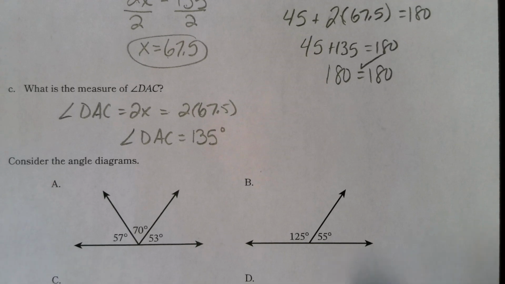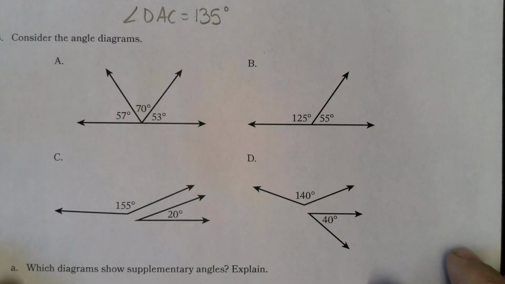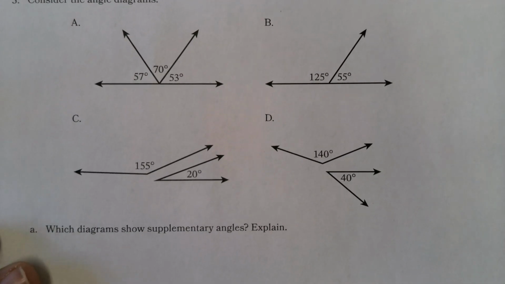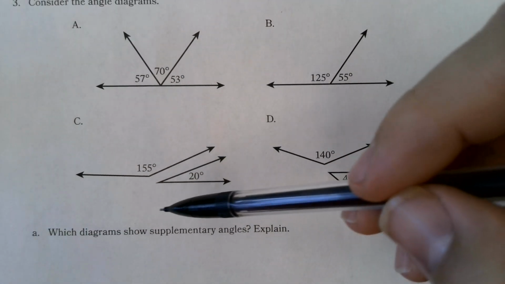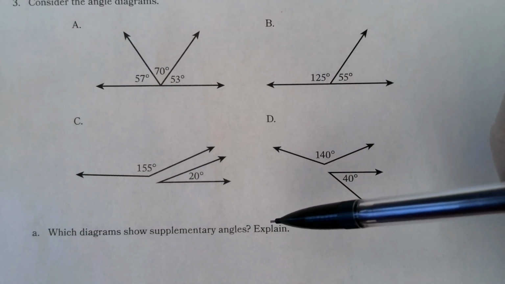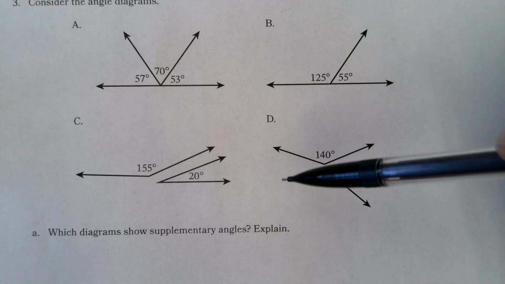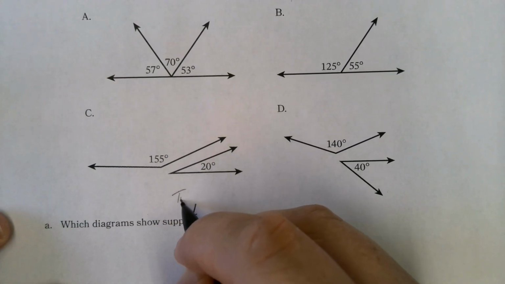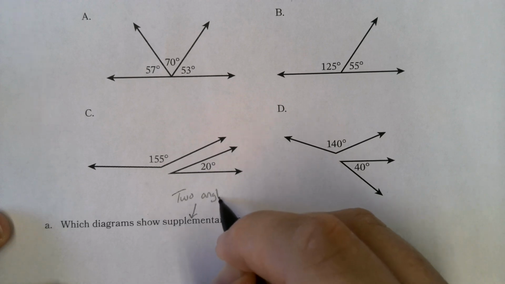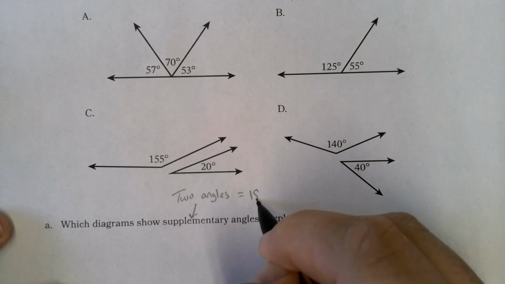All right, now let's look at question number 3. Just consider the diagrams. So we have A, B, C, and D. And which diagram shows supplementary angles? Okay, remember, supplementary angles, okay, we have 2 angles that equal 180.